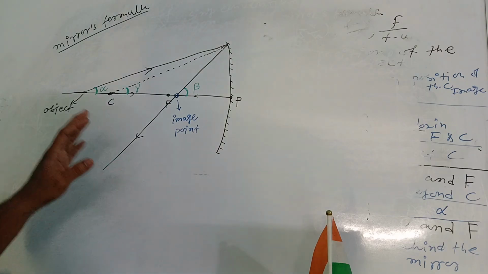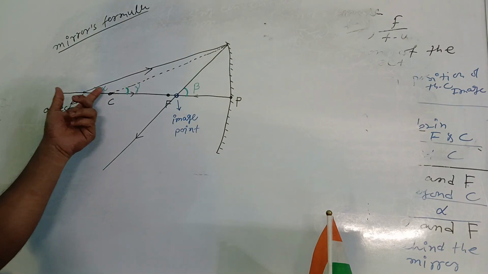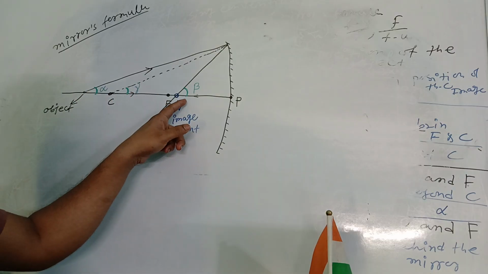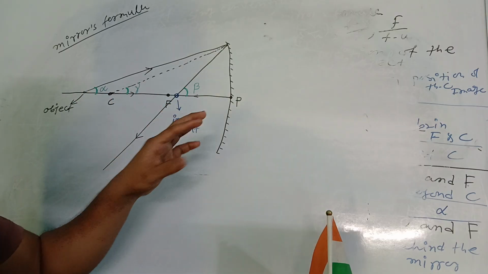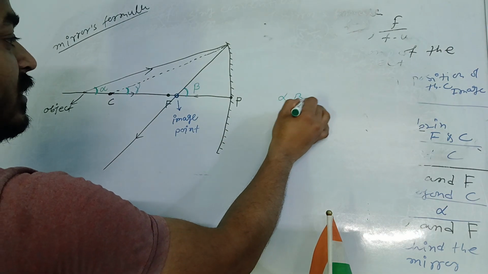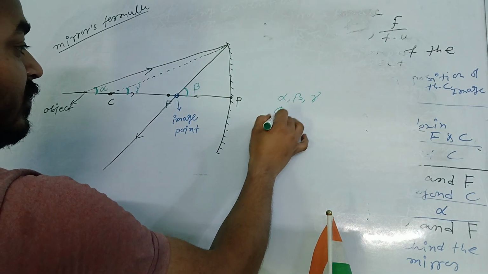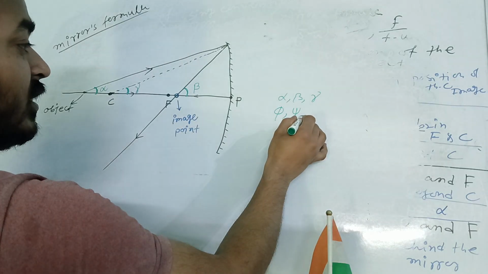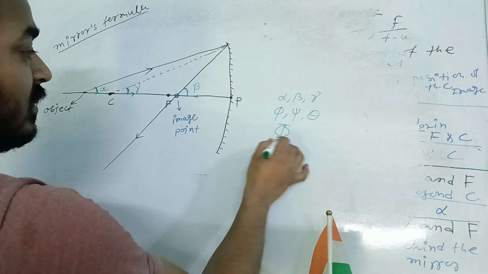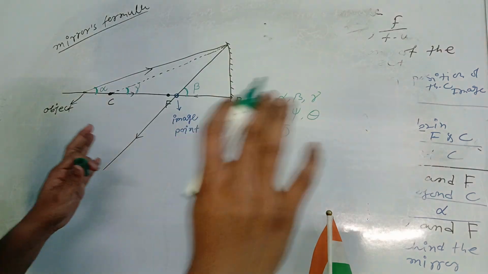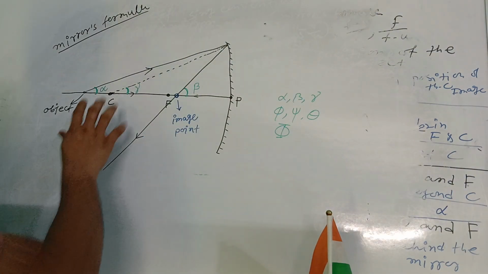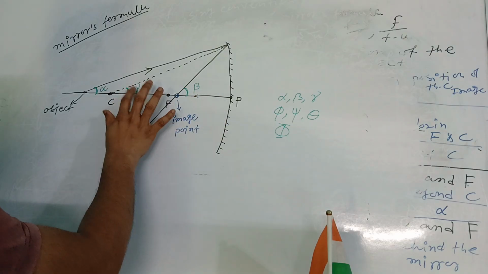It does not matter whether you take alpha, beta, gamma, or theta 1, theta 2, theta 3, phi, psi. Just remember it is alpha, beta, gamma.